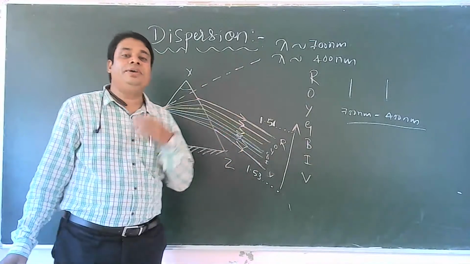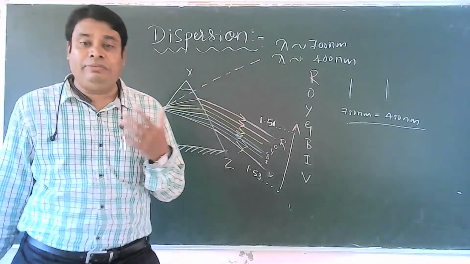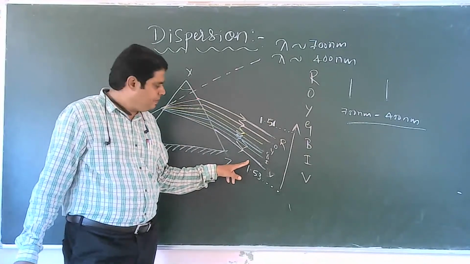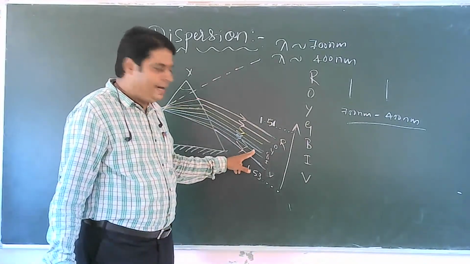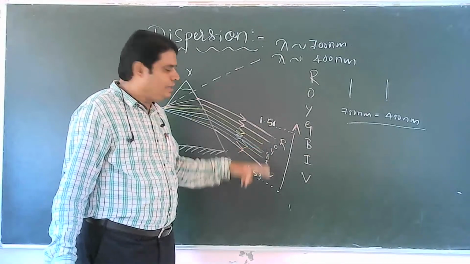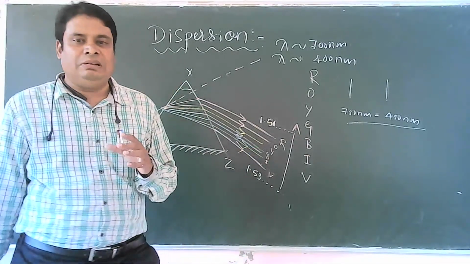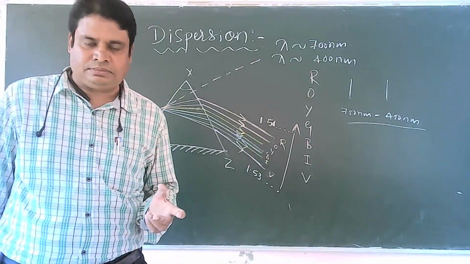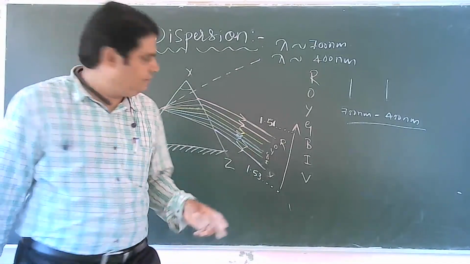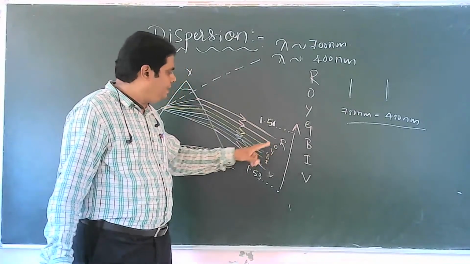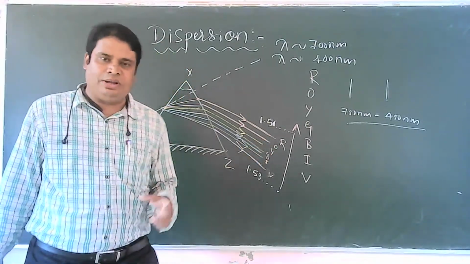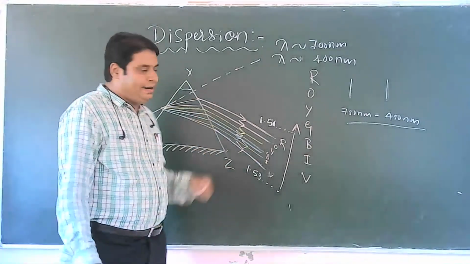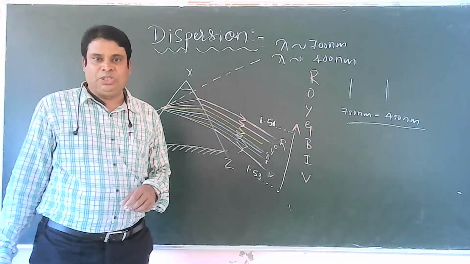Red has longer wavelength, whereas violet has shorter wavelength. Violet, indigo, blue, green are colors of shorter wavelength. Red, orange, yellow are colors of longer wavelength. And what about the speed?